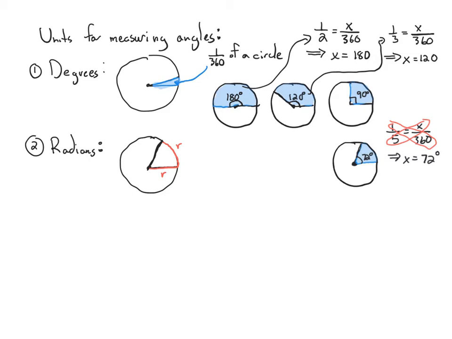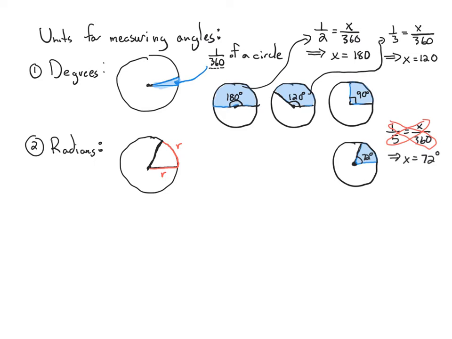So we are going to end up with pieces of a degree. But 1/8 of a circle is 45 degrees. 1/9 of a circle is 40 degrees. 1/10 of a circle is 36 degrees. So you can see there's lots of different fractions of a circle we can talk about without getting into decimals.